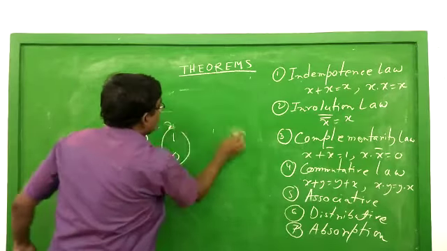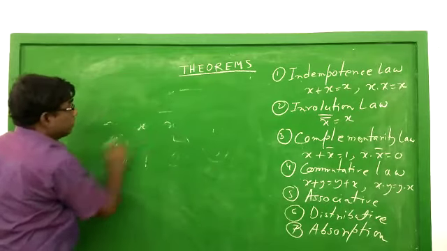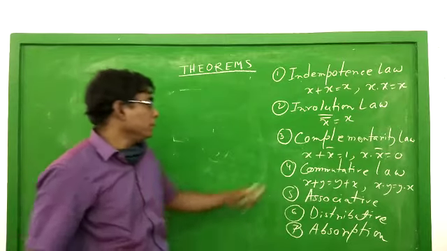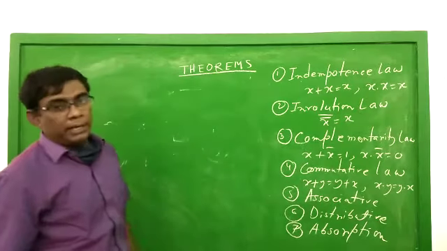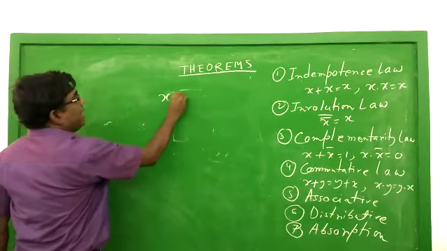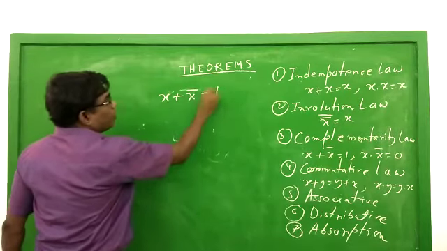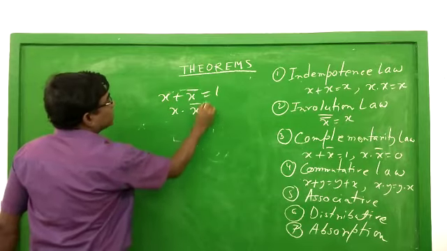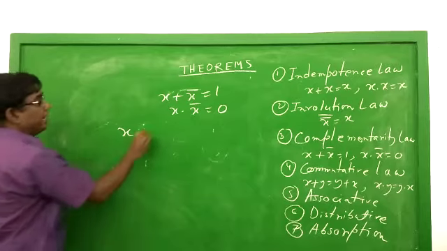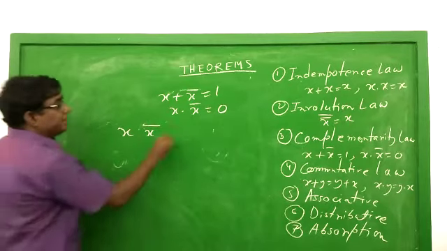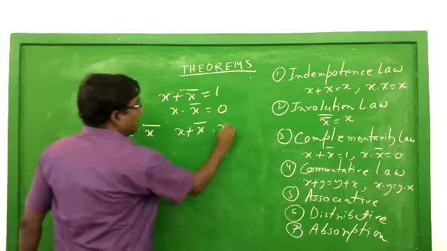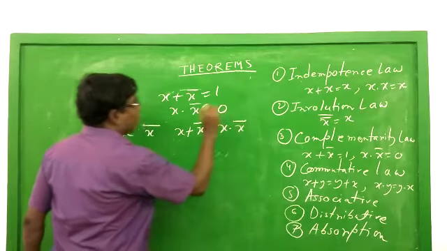Next one is complementarity law. These are the basic laws we have to prove with the help of truth table. What is the law? X or x complement equal to 1, and x and x complement equal to 0. So first we take x, then we calculate x complement, then we calculate x or x complement, and after that we calculate x and x complement.